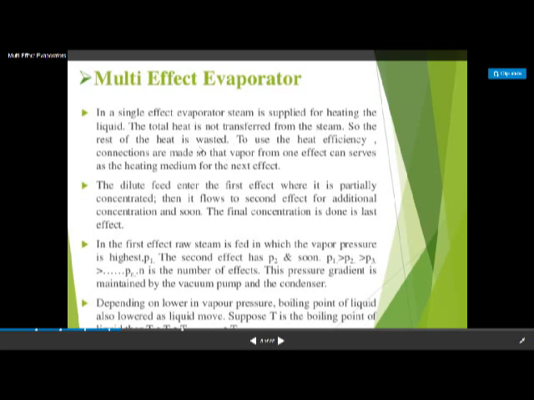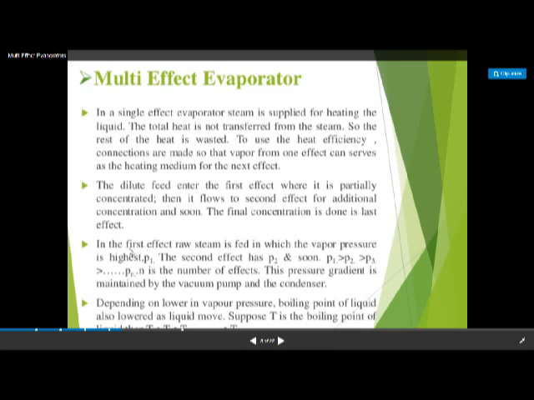So efficiency is less in case of the single effect evaporator compared to the multiple effect evaporator, and the dilute feed enters into the first effect where it is partially concentrated in case of the multiple effect evaporator, and then it flows to the second one and then to the next one.